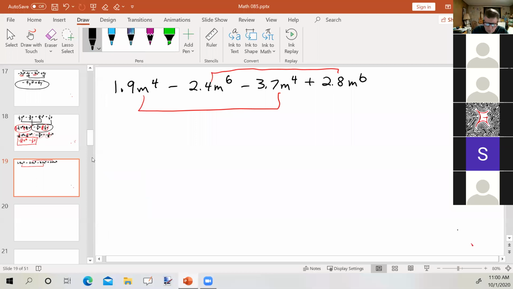So I've got 1.9 m to the fourth minus 3.7 m to the fourth. Let's just focus on their coefficients. 1.9 minus 3.7. Now, if you're using a calculator, it's easy. You just go in and you go 1.9 minus 3.7, and you get negative 1.8. So you'd get negative 1.8 m to the fourth. But in case you're not using one and you want to remember how this works, let me take you through that, okay?